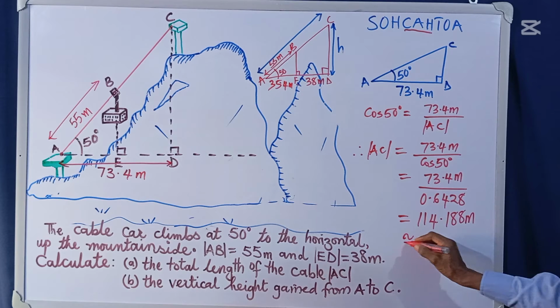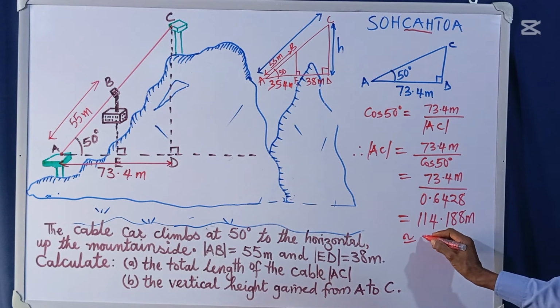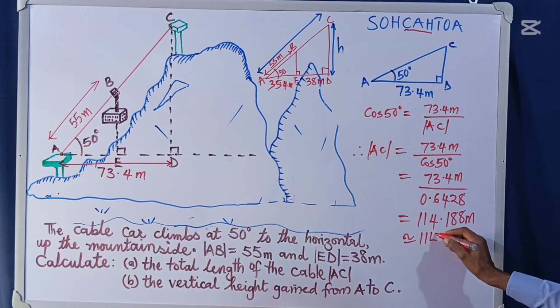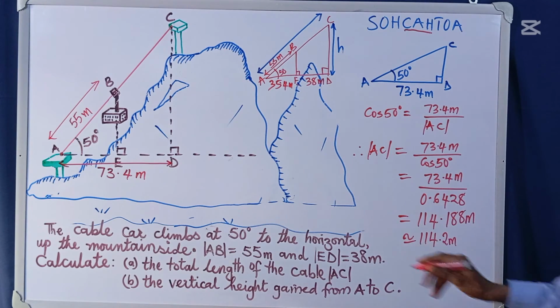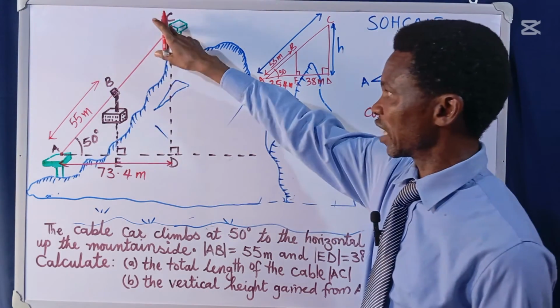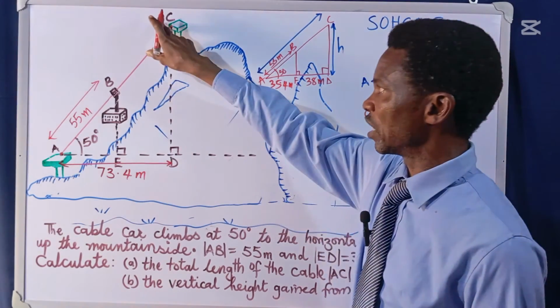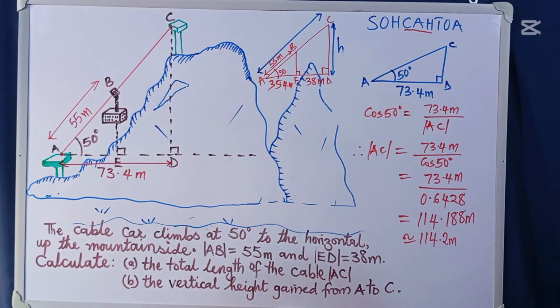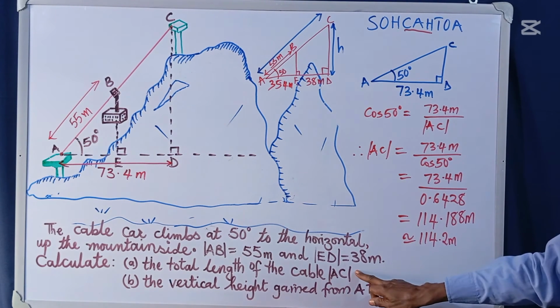So it's approximately the length of the cable, the distance that the passenger will travel through is 114.2 meter. So that is the total length of the cable car from the base to the top of the mountain. Now, we've gotten the A part of the question.